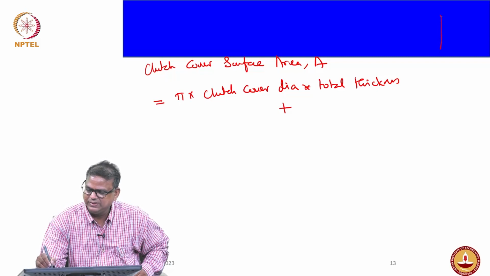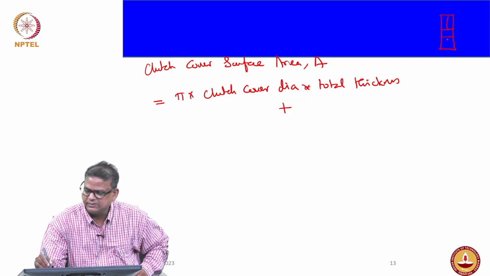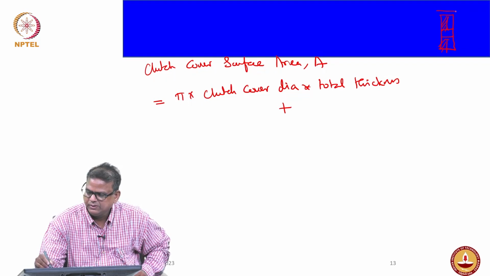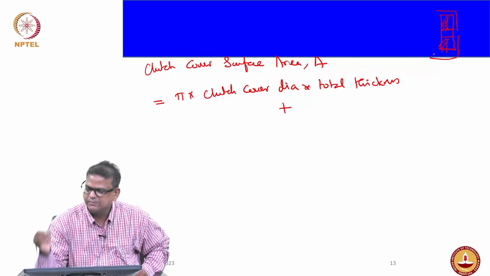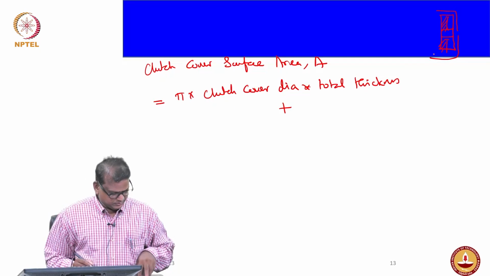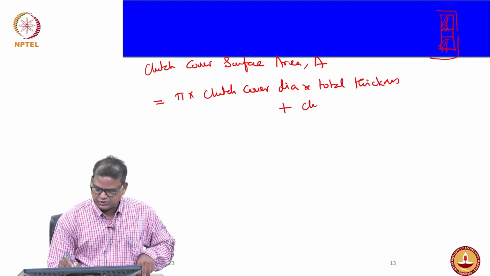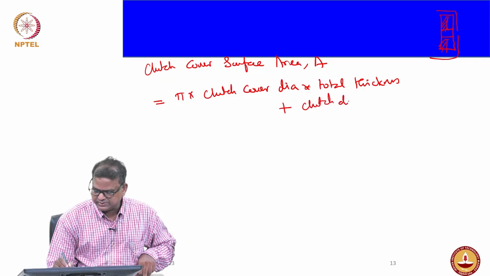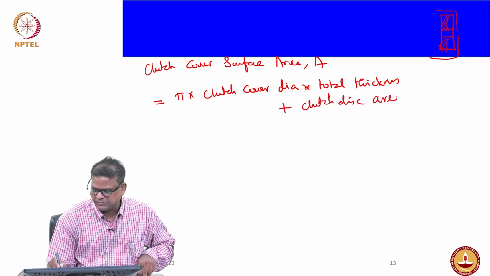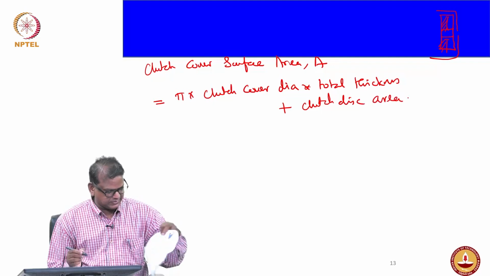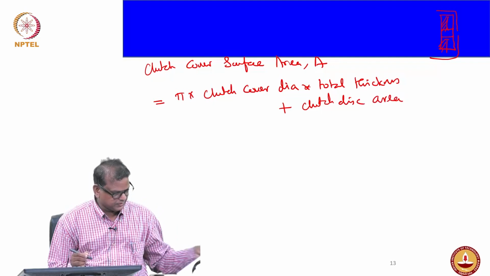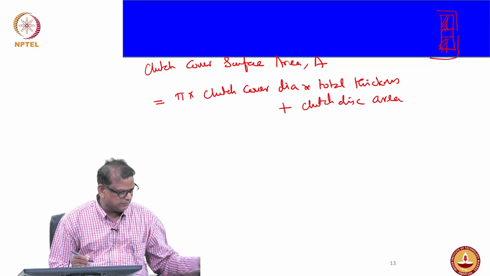Remember I said like this: this one is the clutch plate, this is a pressure plate, then you will have a clutch cover like this. Then we will have a clutch disc area also, and altogether that will be the total surface area.